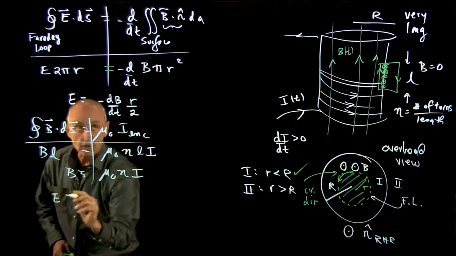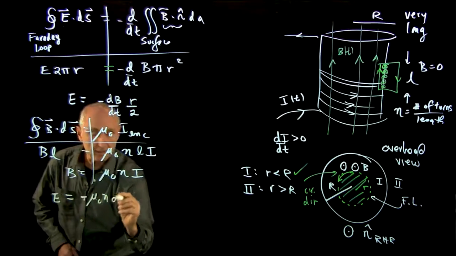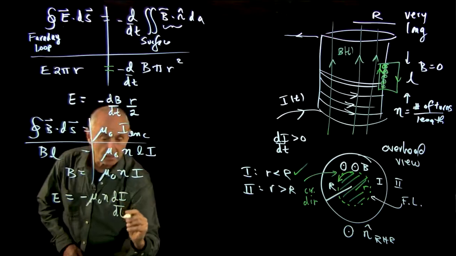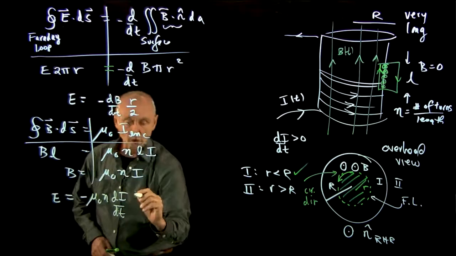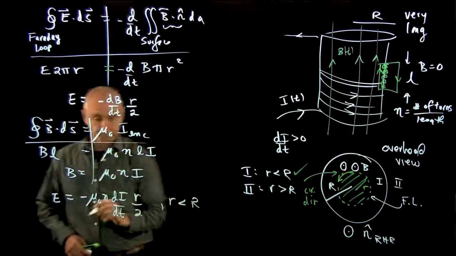And so we see that our electric field is minus mu naught n di/dt, that's dB/dt, times r over 2 for r less than R.